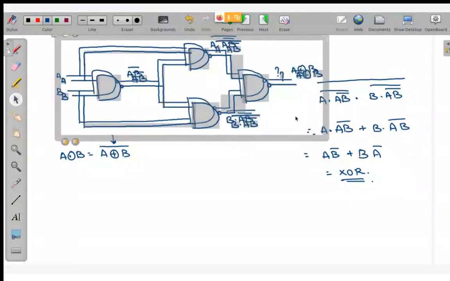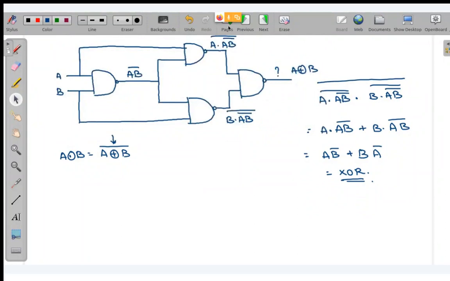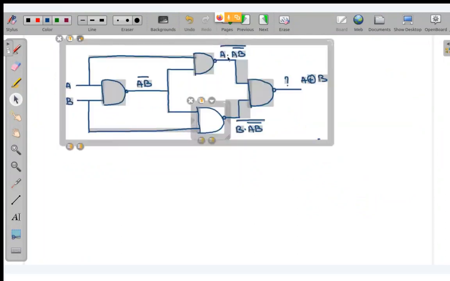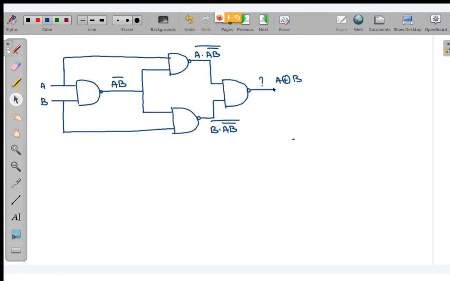If you want to construct XNOR gate, so simply do what? After this stage, add one inverter, and we know for adding inverter, we require one NAND gate. So this is your A XNOR B. So for this we require 5.